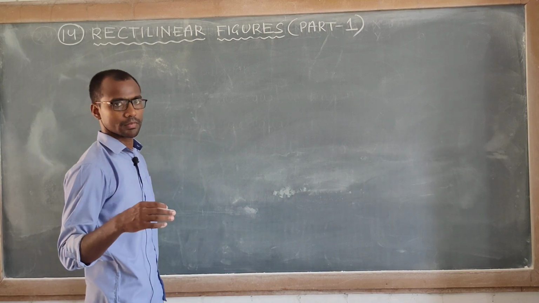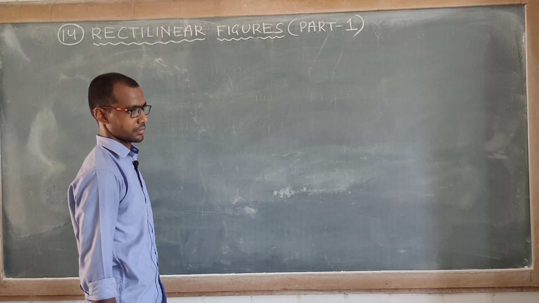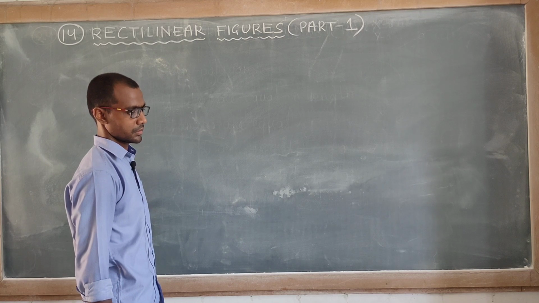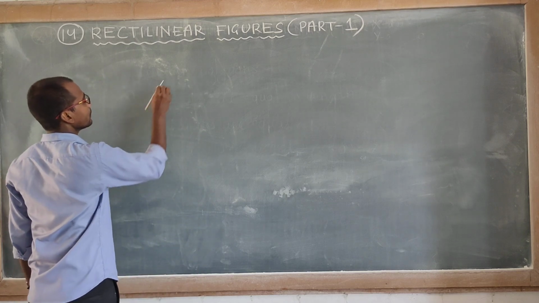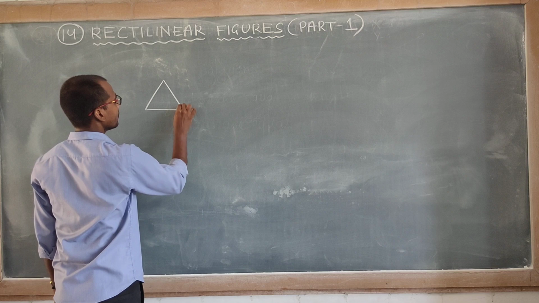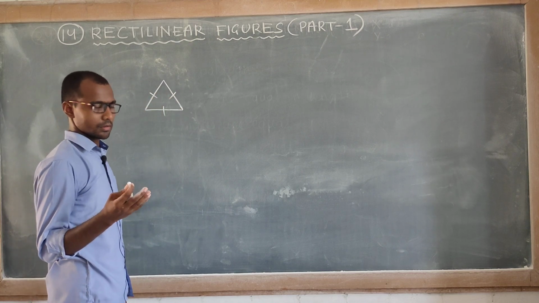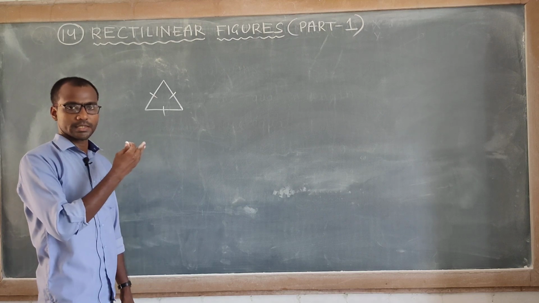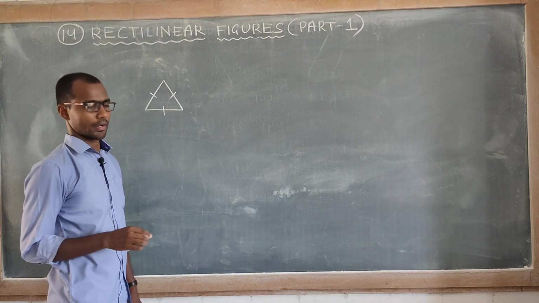First we will start from the triangle. All the sides must be equal. What type of triangle is this? If all the sides are equal and all the angles are equal, it is an equilateral triangle.